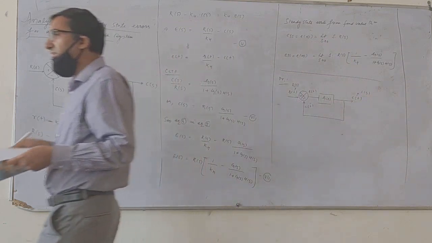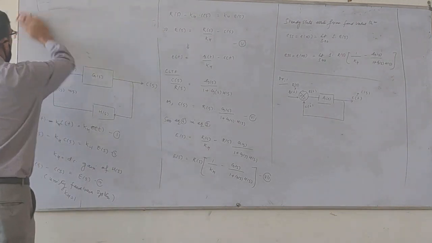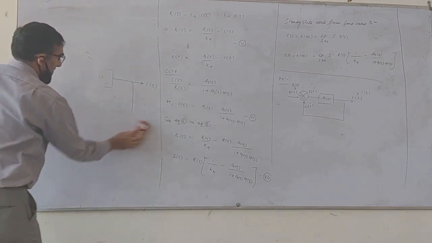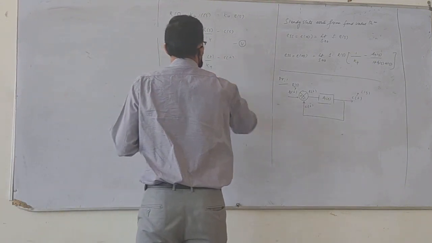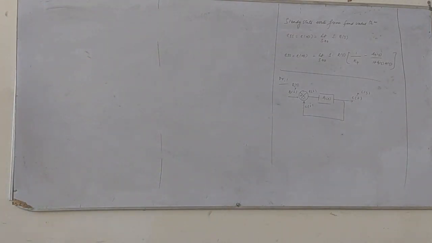Feedback loop has been given, and that's a unity feedback. So unity feedback, we never have a problem. What he has given after that is that the steady state error is 0 for the unit step input and 6 for the unit ramp input.